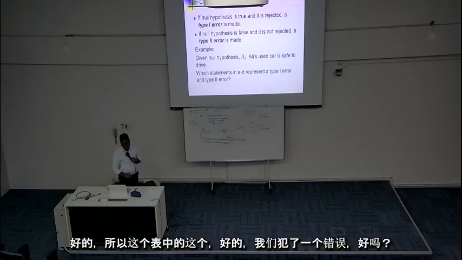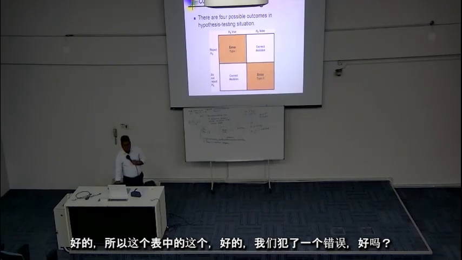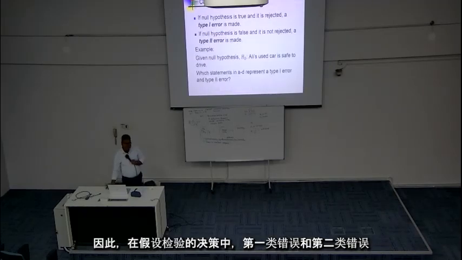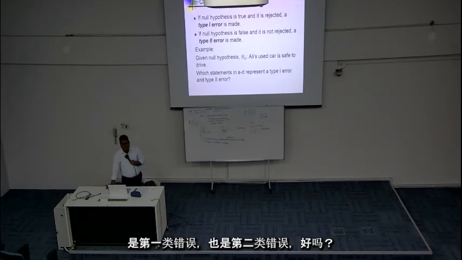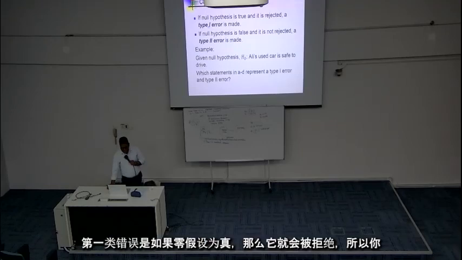From this table, we have made an error. There are two types of error in the decision making of hypothesis testing: the type 1 error and the type 2 error. A type 1 error occurs if the null hypothesis is true and it is rejected.